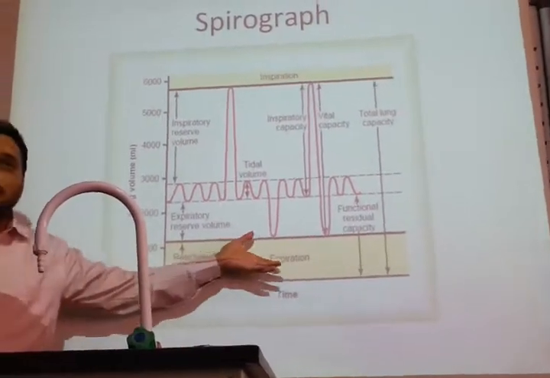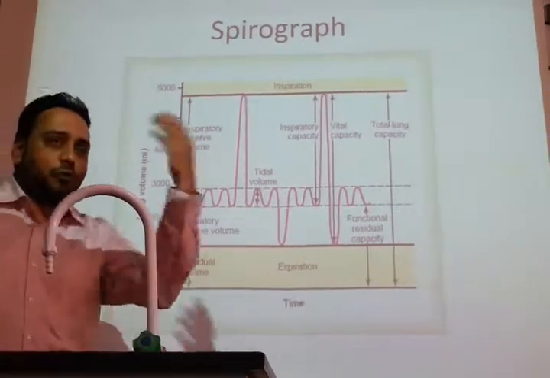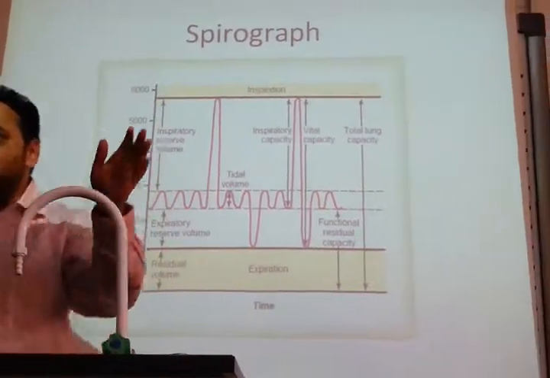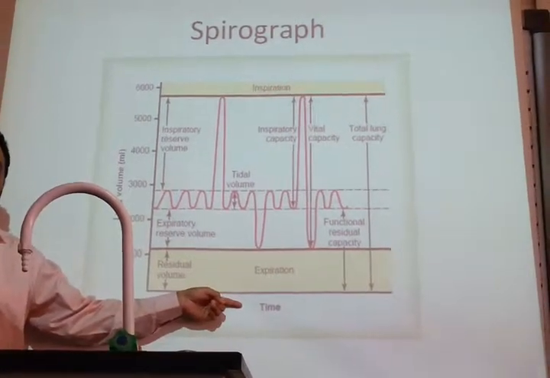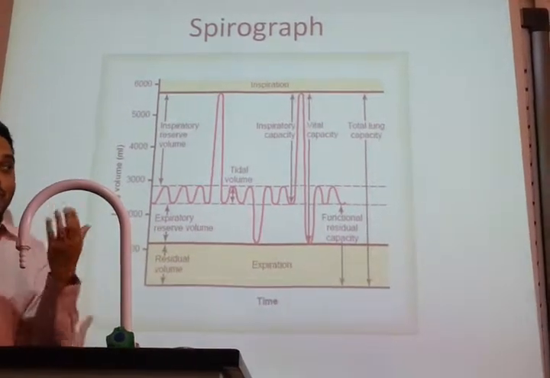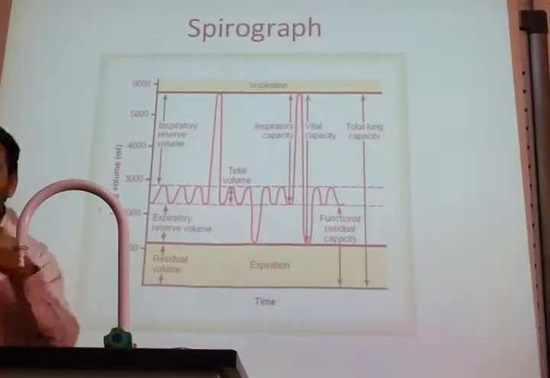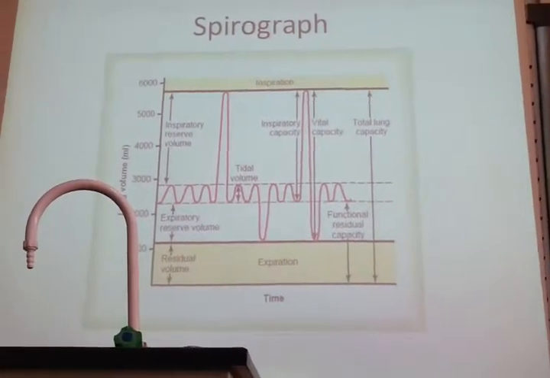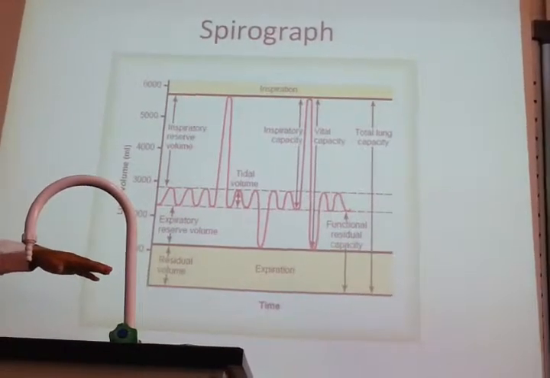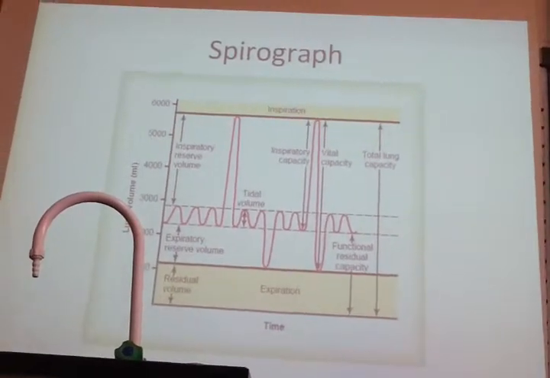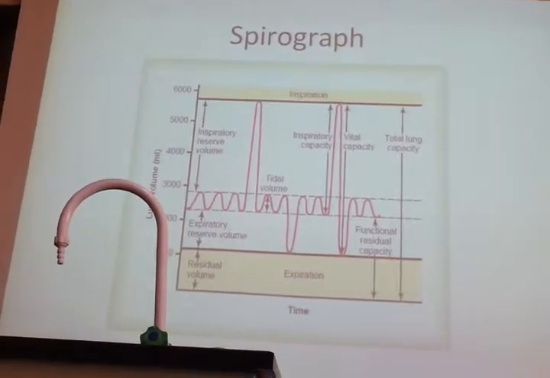The residual volume is what remains after the most forceful effort. You cannot remove it. But normally, when we are breathing in and out, right now what you are doing, after the tidal volume, how much air is remaining behind? That is the functional residual capacity. Why functional?